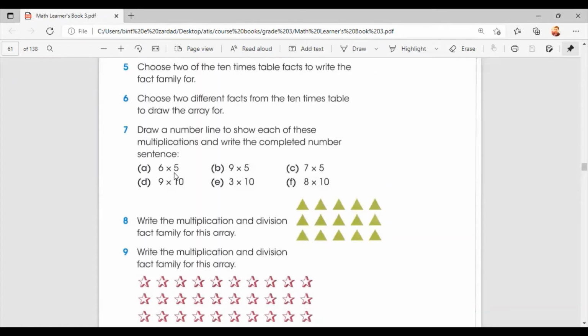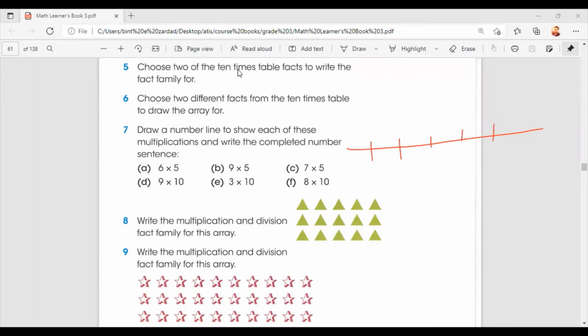What do we mean by drawing a line? We need to write the multiples table starting from 6, 1 time, 2, 3, 4, 5 times, on the number line. So 6, 12, 18, like this for all; we need to make a line. Just like this, I draw a line and then write the multiples table.